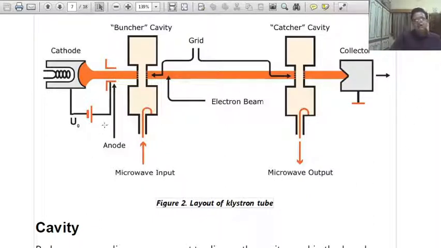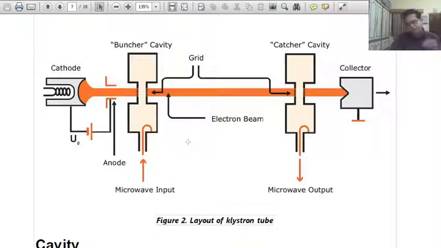That is a different potential. Buncher cavity, Klystron cavity, grid, electron beam, microwave input. Here the microwave input is shown. The same parts are there, but this is not so well labeled. The diagram I showed at first is better than this.